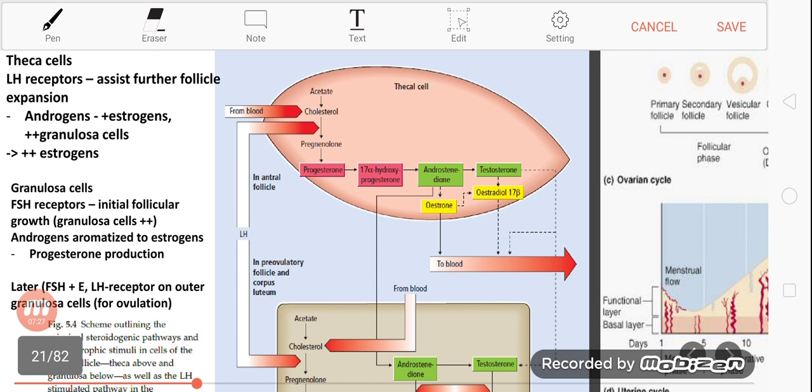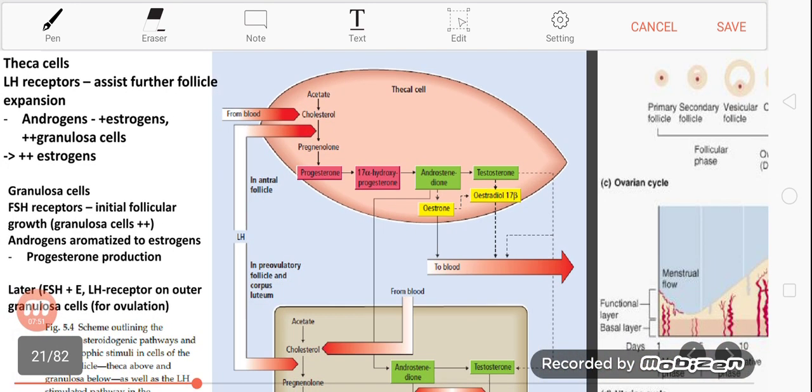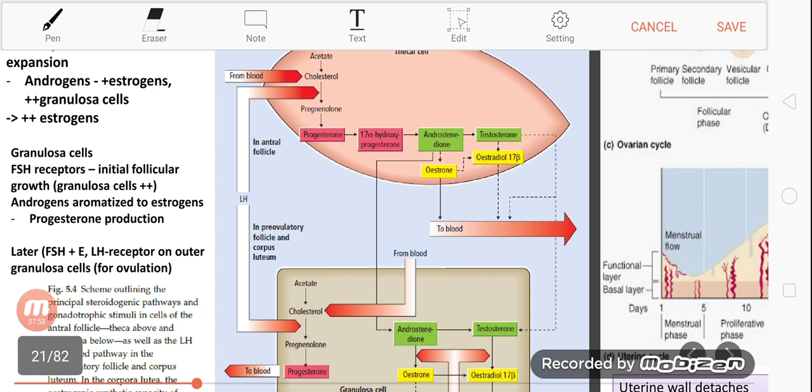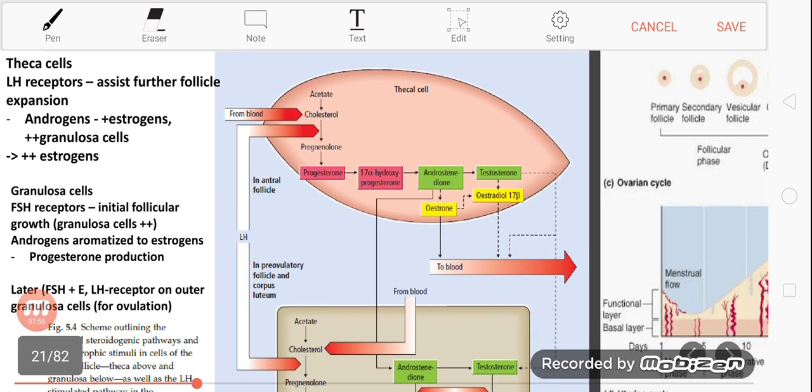At the same time, the theca cells will produce the precursor for estrogen secretion. That means these theca cells will convert cholesterol into androgens, especially androstenedione. Once androstenedione is present, it will be sent to granulosa cells.